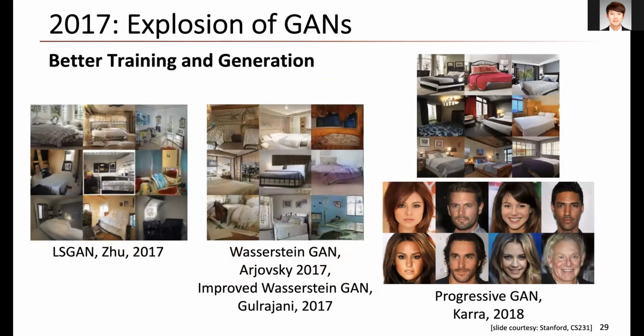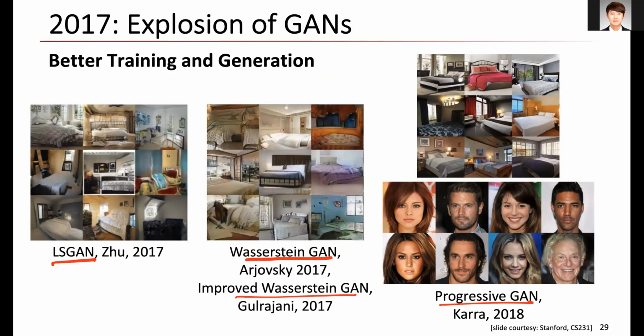So after that, in 2017, there was an explosion of GANs to design better training and better generation. LS GAN, Wasserstein GAN, improved Wasserstein GAN, progressive GAN, or the StyleGAN, something like this.